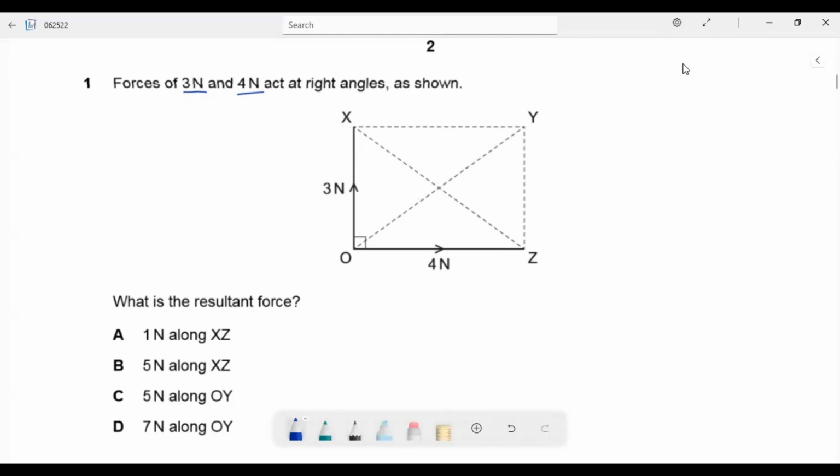What is the resultant force? So here the 4 Newton force is there. This 3 Newton I am drawing parallelly here.